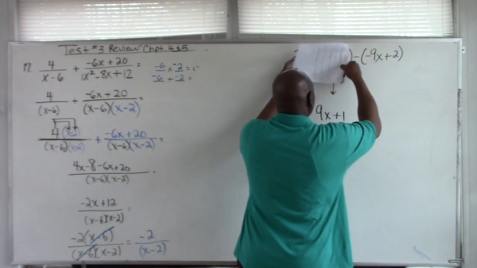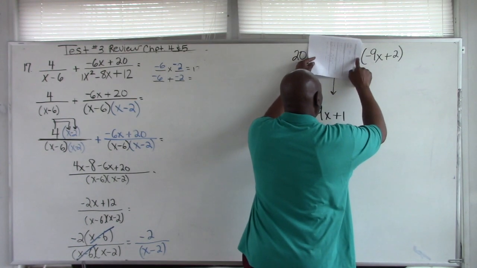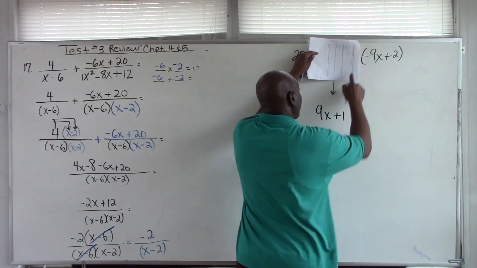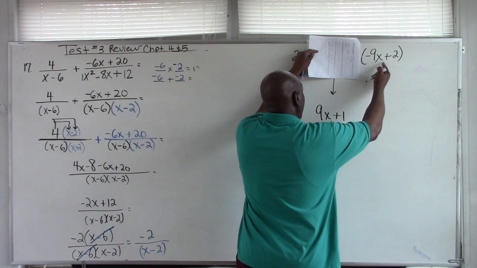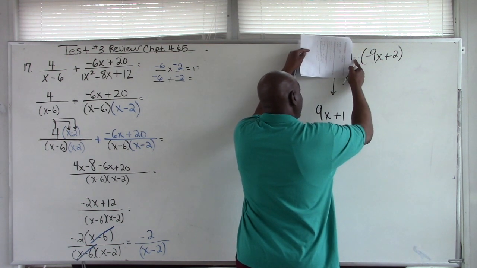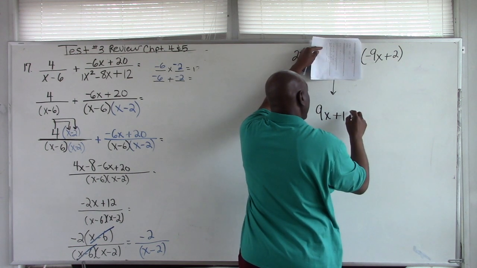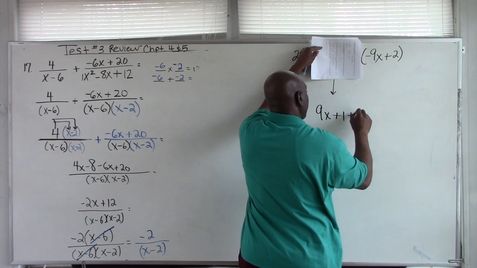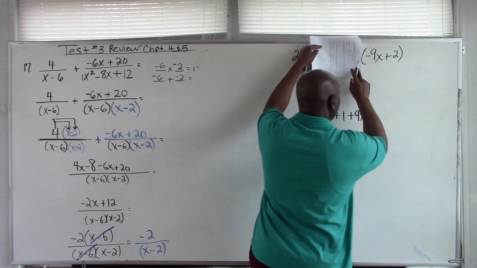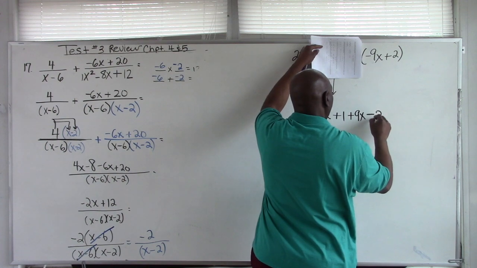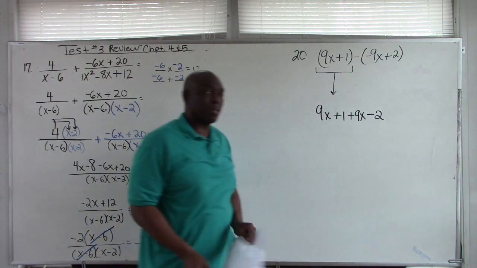And then take your paper. There's a minus sign right here. Cover it all up like that. See how I covered it all up? And take what's on the inside and make it all opposite, because that minus sign makes everything inside opposite. So that's going to give me a positive 9x and a minus 2. Combine like terms.